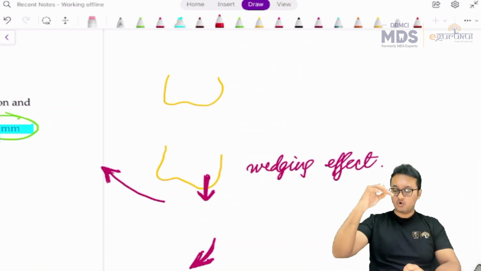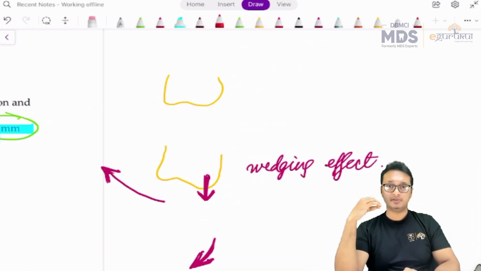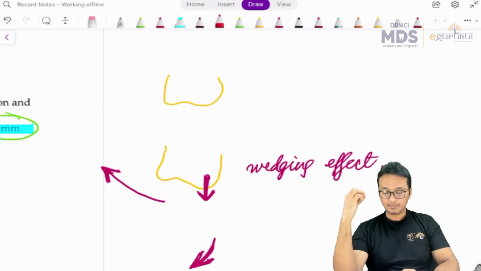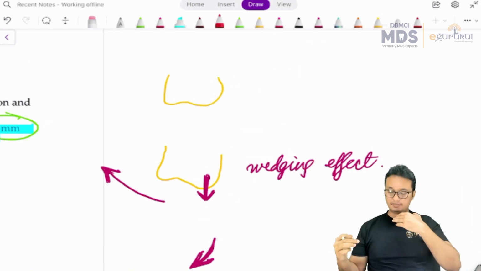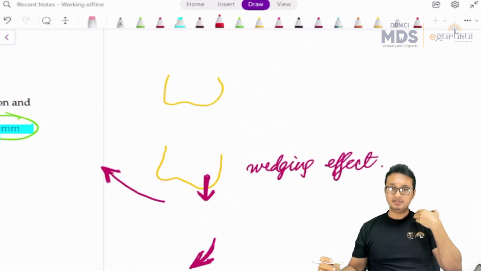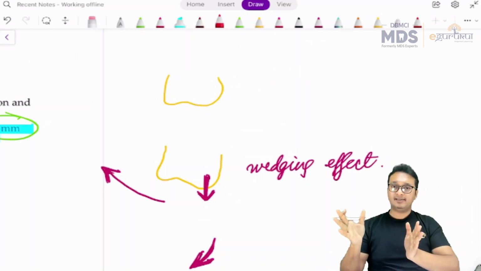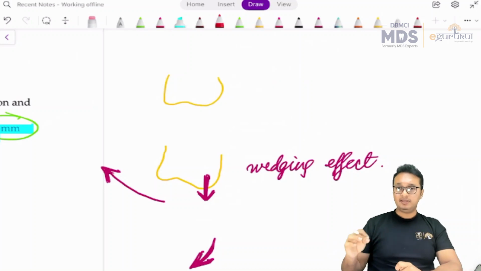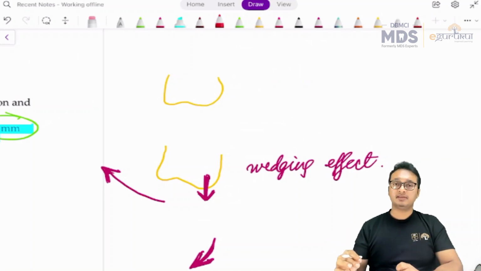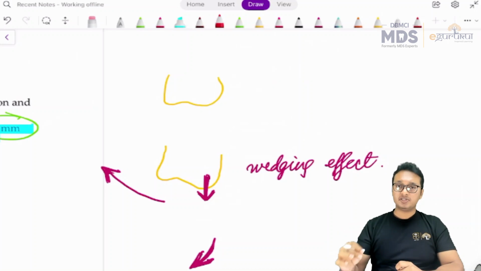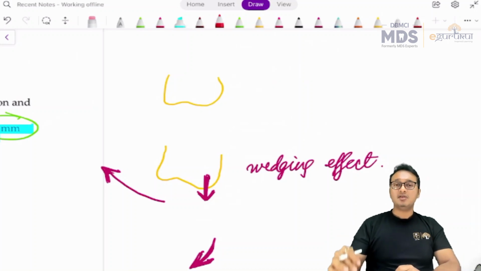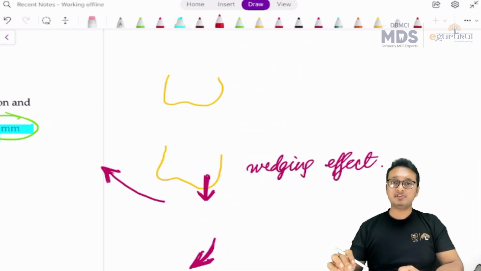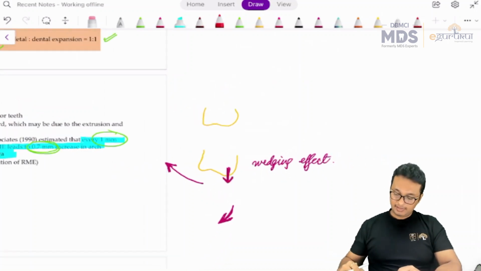That leads to overhanging of the mesiopalatal cusp of the maxillary first molar. So that leads to rotation of the mandible in a downward and backward direction, and that leads to an open bite tendency. So this open bite tendency is negated by means of a bonded RME appliance in cases of patients having open bite tendency, or in patients having vertical growth pattern or hyperdivergent facial profile, right?